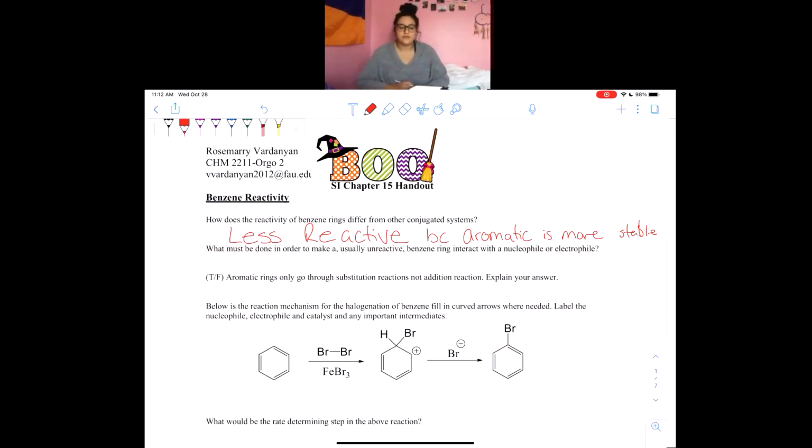The way we are going to do that is with a catalyst. So what kind of catalysts do we usually use in organic chemistry? Really simple, you don't have to give me super specific stuff, just in general.